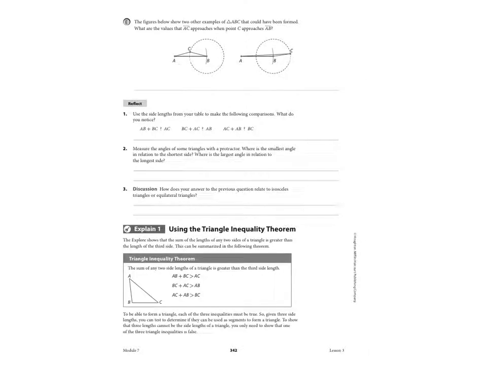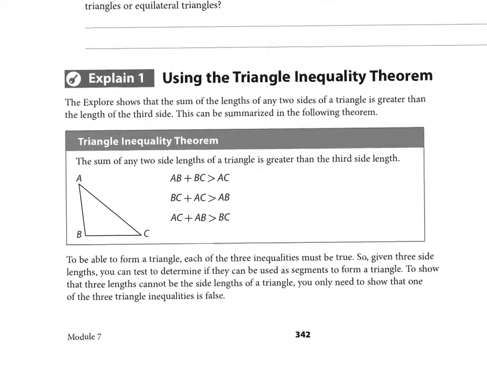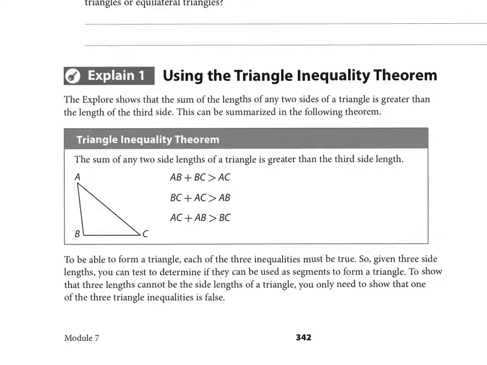Okay, so if you look down here on page 342, the triangle inequality theorem, it says side AB plus BC has to be greater than AC. BC plus AC has to be greater than AB, and AC plus AB is greater than BC. Now, what I just said on the page before is the two short sides have to be greater than the long side.